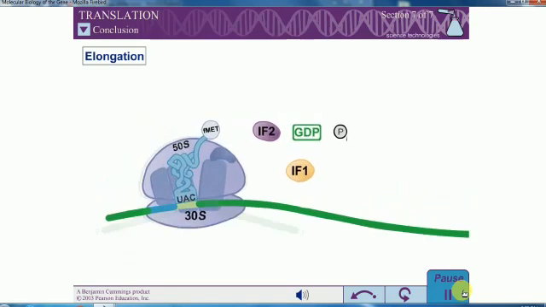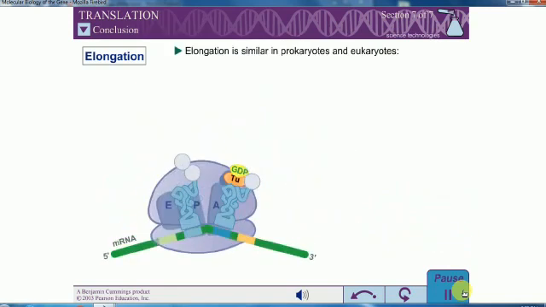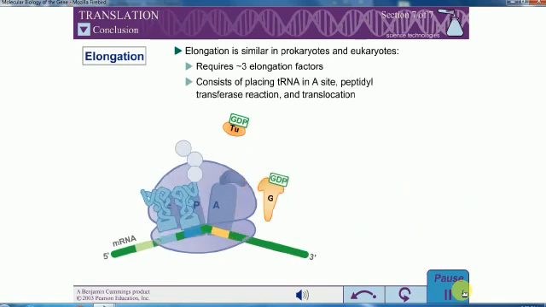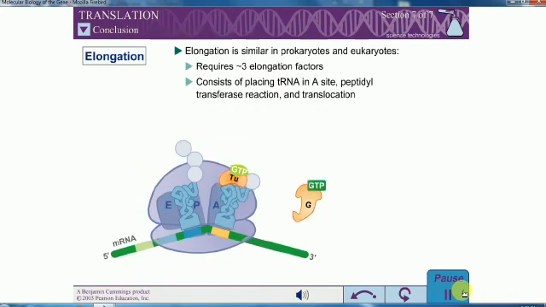Elongation is much more similar in prokaryotes and eukaryotes, and is facilitated by elongation factors. During elongation, the ribosome translocates, or ratchets, along the triplet codons of the mRNA, linking together amino acids in the order dictated by the genetic code.